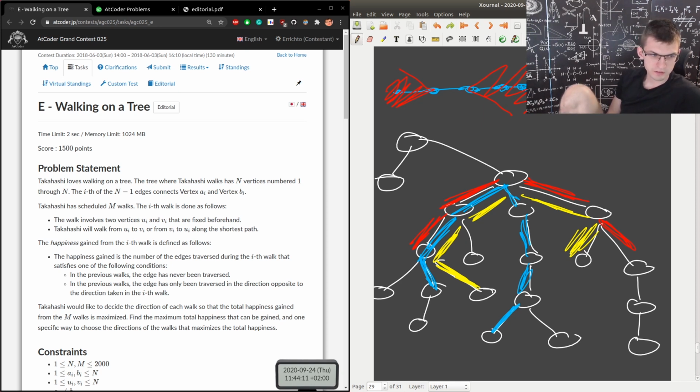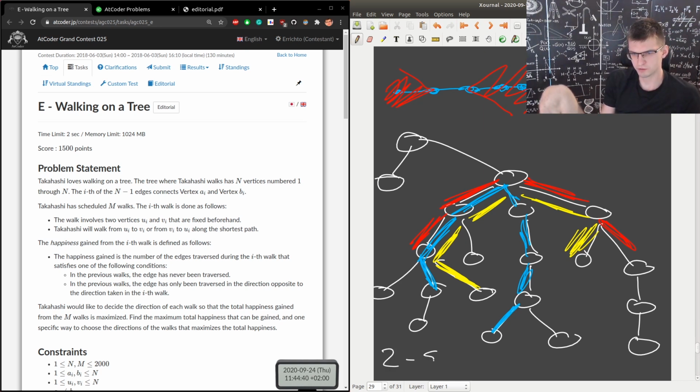Maybe flows. Make a network where each path has two edges. Let's think. Oh, isn't it like some kind of two-sat? But maximizing two-sat is... Okay, let's think. Maybe indeed we need to model it as something like two-sat or flow. This might be a good idea.